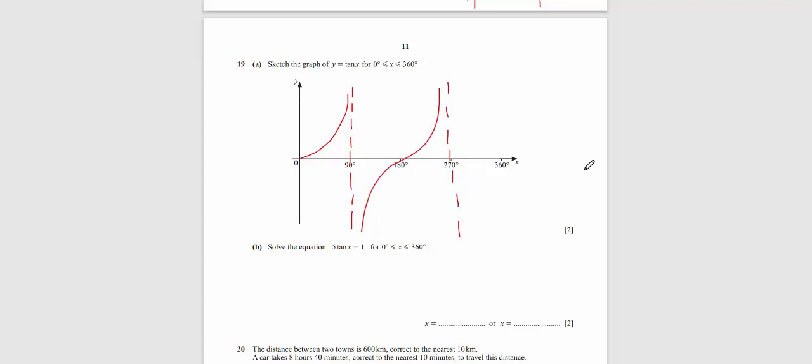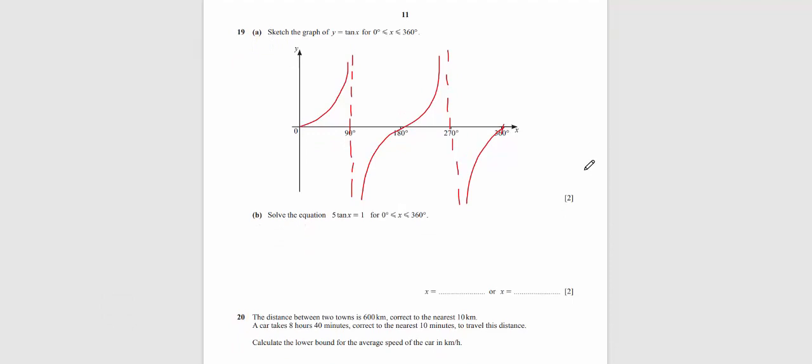So this is what the tan graph looks like. And then next, we have to solve the equation 5 tan x equals 1.